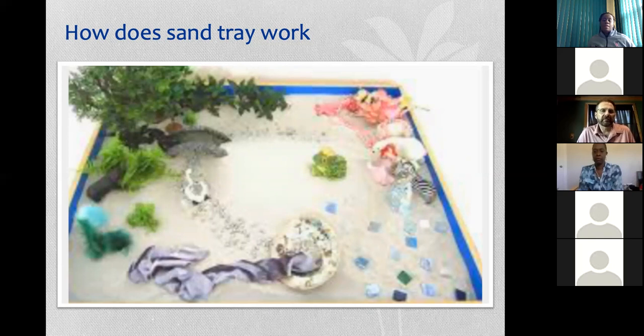It can include images or figures that represent nature and some of the natural events of life, rainbows and clouds and things like that. So it includes things that may just be very practical to represent parts of life, or it may be more symbolic that represent parts of life or emotions or feelings and things like that.